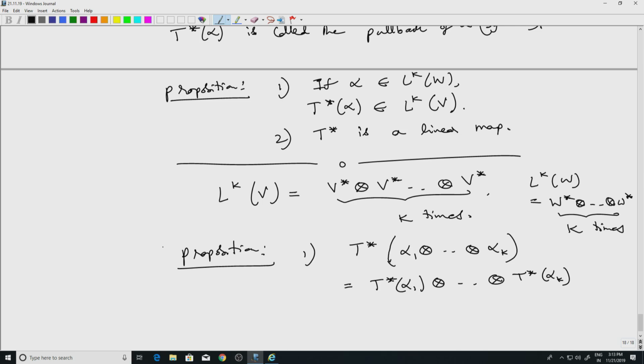These are one forms. This again is just a matter of going by definitions, so I will skip this.